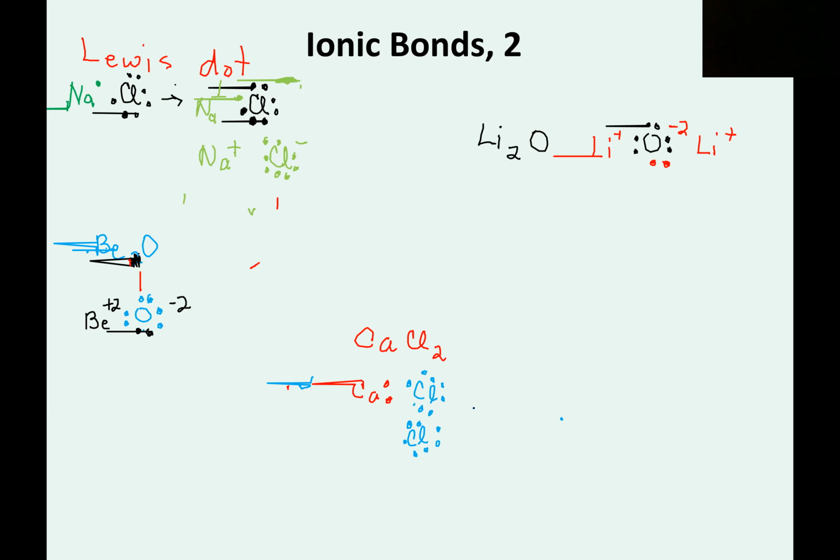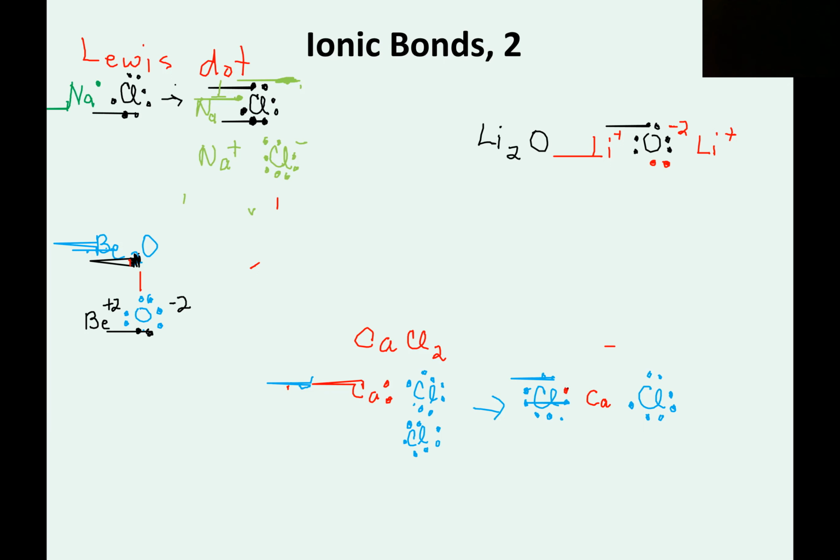Okay, so this is going to produce the chloride, which is going to have 7 of its own on either side. And then we put the calcium in the middle.